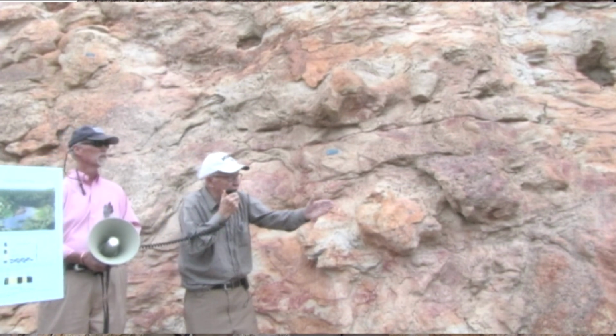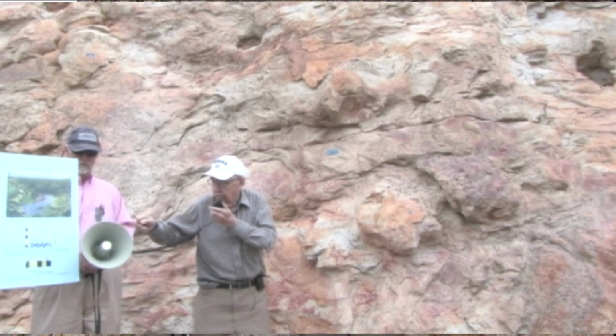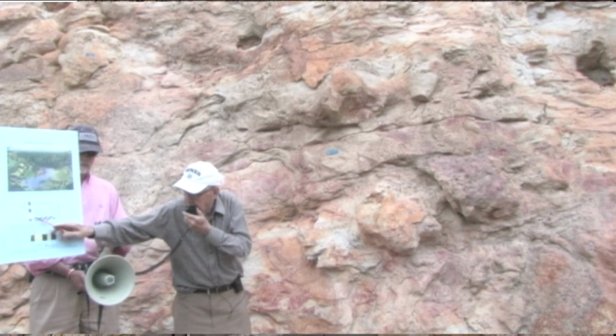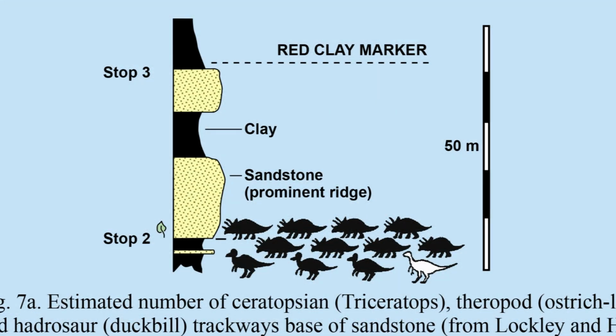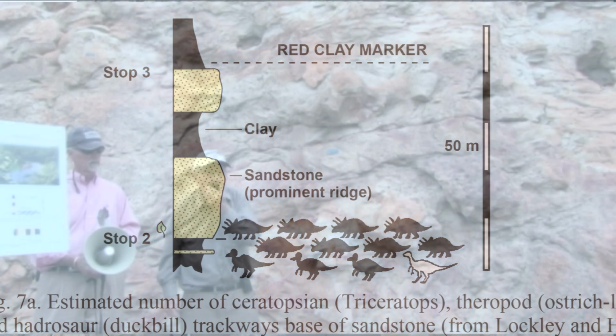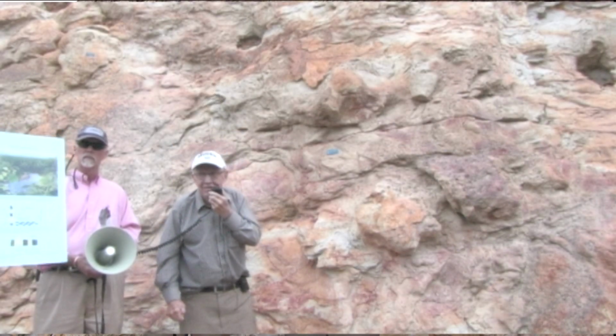So you don't see the contact here between the clay and the overlying sandstone. And that bunch of little dinosaurs there, they're supposed to represent the number of tracks identified to try to find out how many dinosaurs were traipsing around here. And that's from Martin Lockley's work. Okay?